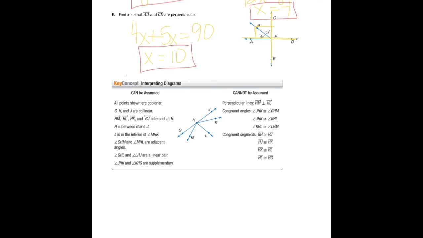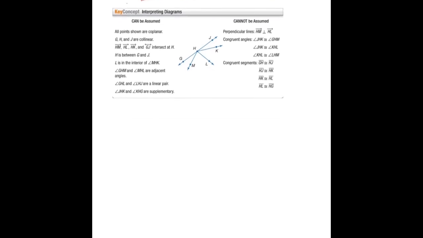All right, so let's talk about things that can be assumed. When we look at a diagram, we're going to talk about things that we can assume. Okay.